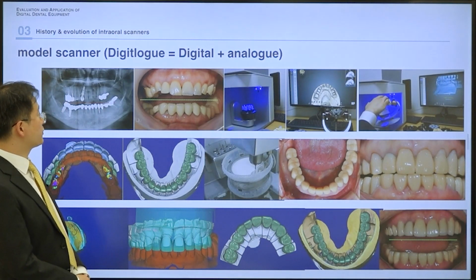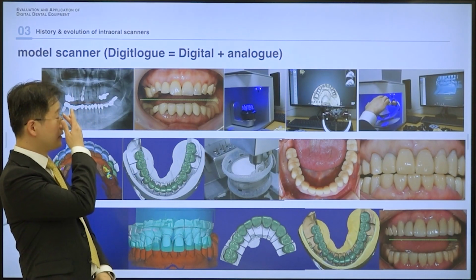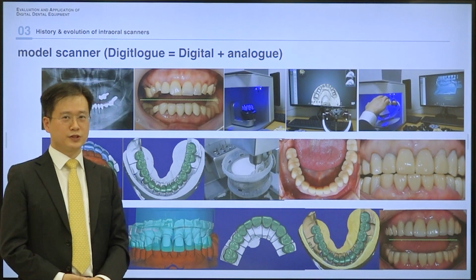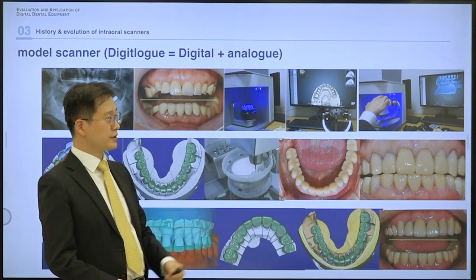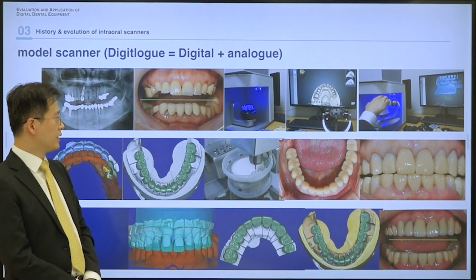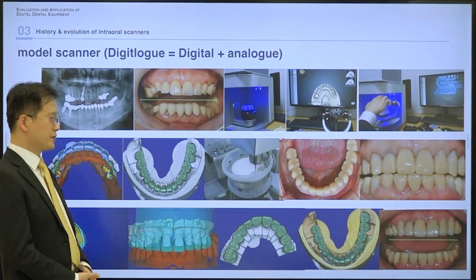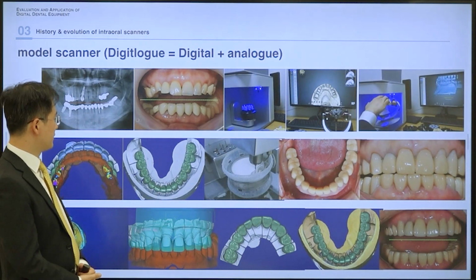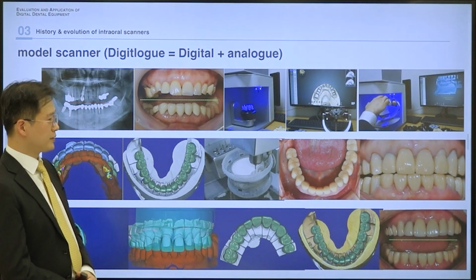So I will show you how to scan the models mounted on a semi-adjustable articulator. We can scan the articulator itself and transfer all those shapes into CAD space. Then we can design the patient's restoration in the virtual space.